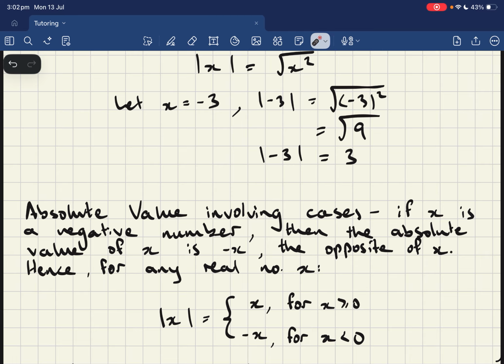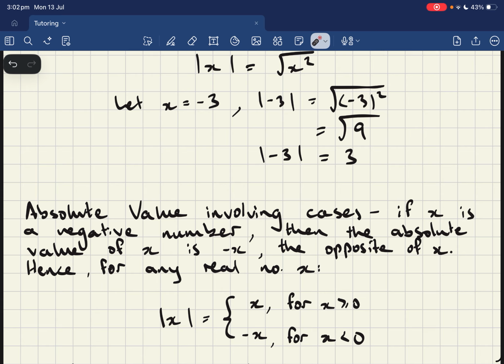So we can generally say that for any real number x, the absolute value of x equals x when x is greater than or equal to 0, or it's going to equal -x for x being less than 0. So we basically cover all of our bases here with our inequality. This is basically talking about across the entire domain. So it's going to equal x for x being greater than or equal to 0, or -x for x being less than 0.